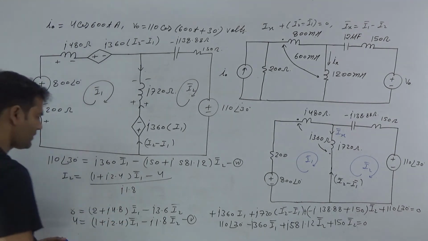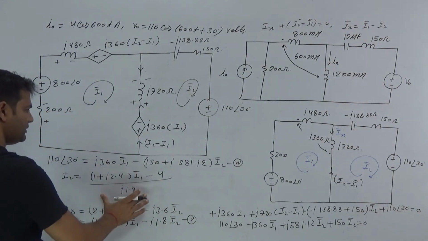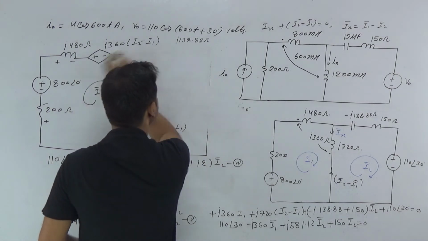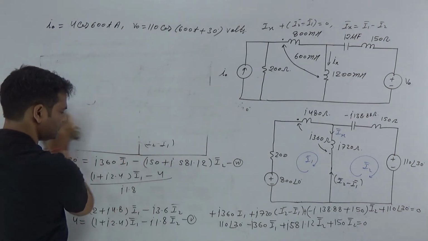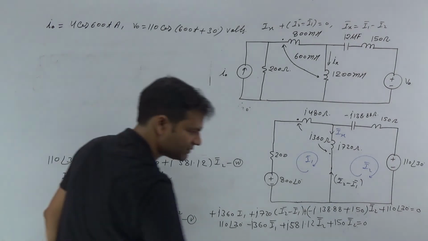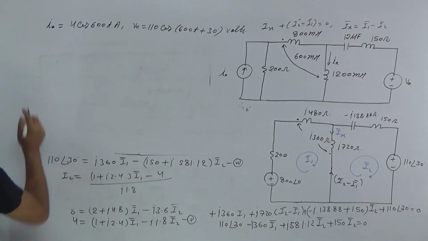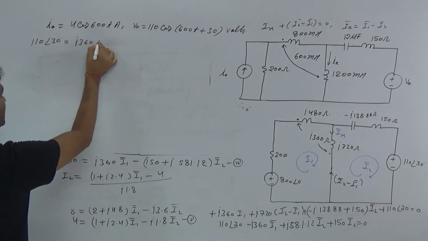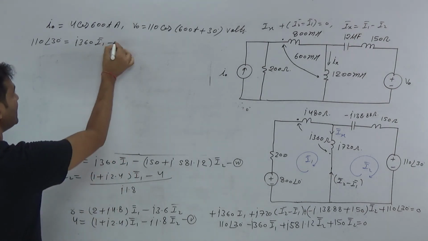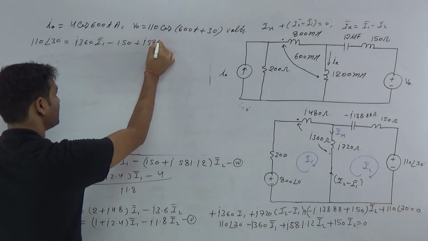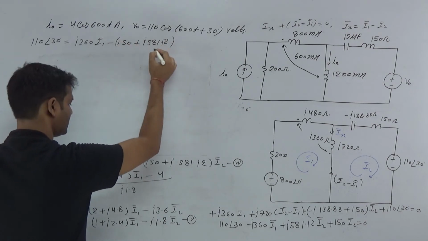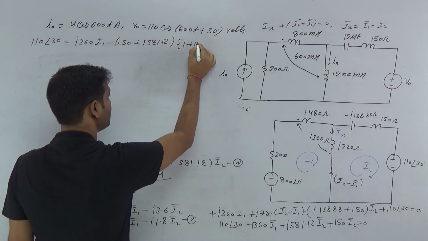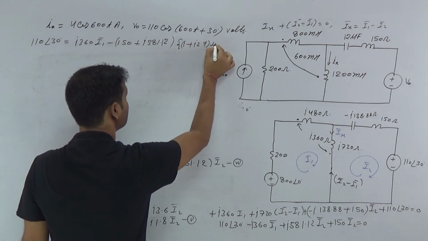Okay, now putting this value in equation number 1: 110 at the angle plus 30 is equal to j360 I1 minus (150 plus j581.12) into I2, where I2 is (1 plus j2.4) into I1.